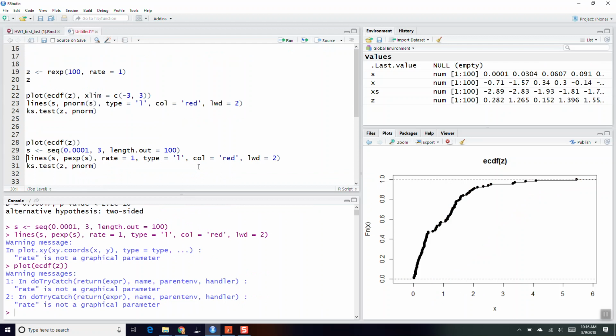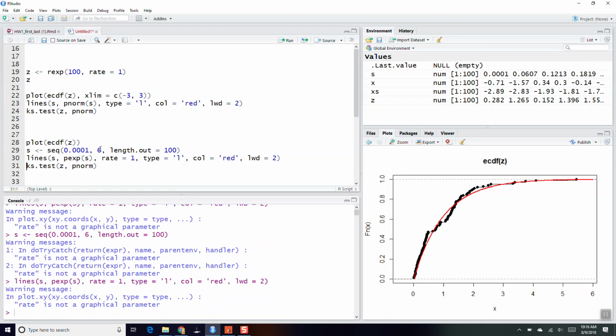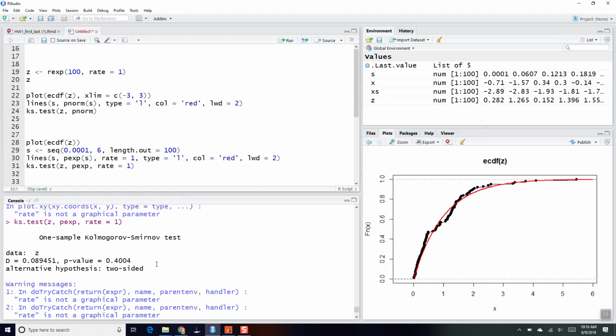Here, let me just plot this again. So there's our empirical CDF versus the theoretic CDF for the exponential distribution, and then we'll do the exponential, and we'll pass the rate parameter 1, and here it gives us a p-value. It's giving me some warning messages, but it gives me a p-value of about 40%.